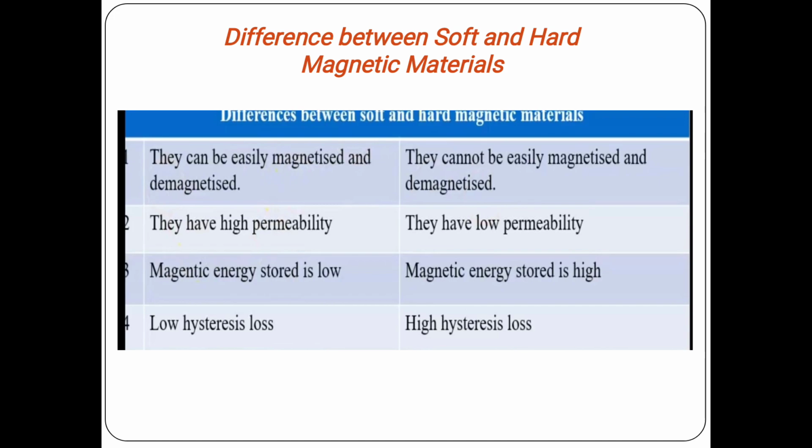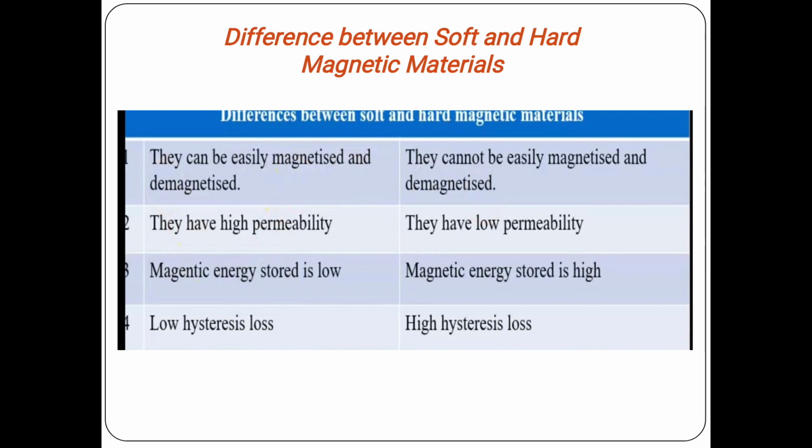Now we are going to see the difference between soft and hard magnetic materials. First, soft materials can be easily magnetized and demagnetized, but hard magnetic materials cannot. Second, soft materials have high permeability, but hard magnetic materials have low permeability.